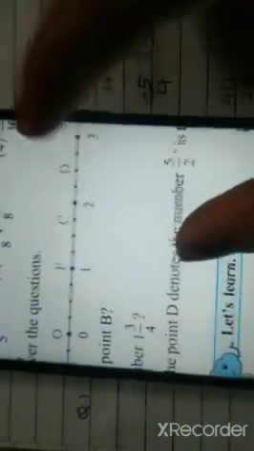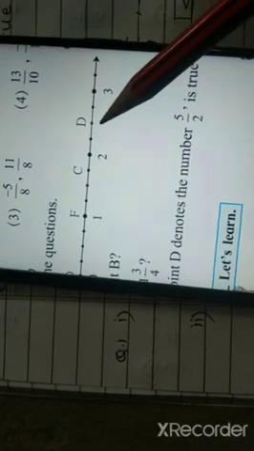Moving to the third, the question is, state whether the statement 'point D denotes number 5 upon 2' is true or false. Again 5 upon 2, moving to the positive side: 1 upon 4, 2 upon 4, 3 upon 4, 4 upon 4, 5 upon 4, 6 upon 4, 7 upon 4, 8 upon 4, 9 upon 4, 10 upon 4.